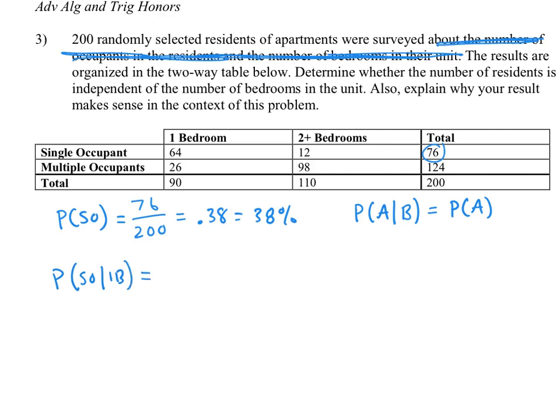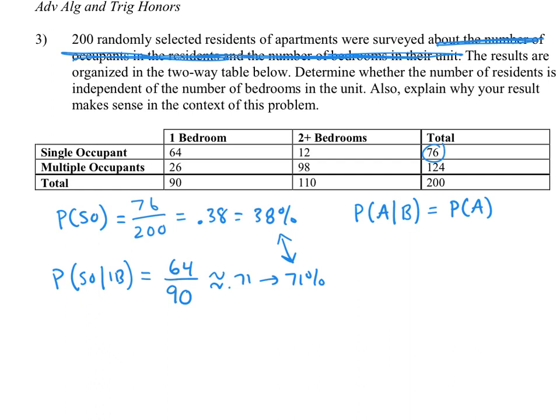Well, there are 90 one-bedroom apartments. So out of those 90, how many are single occupant? That would be 64. Now 64 out of 90 is approximately 0.71 or 71%. Well, here we see that these two probabilities are not exactly the same. They're not even close. So these two events must be dependent.